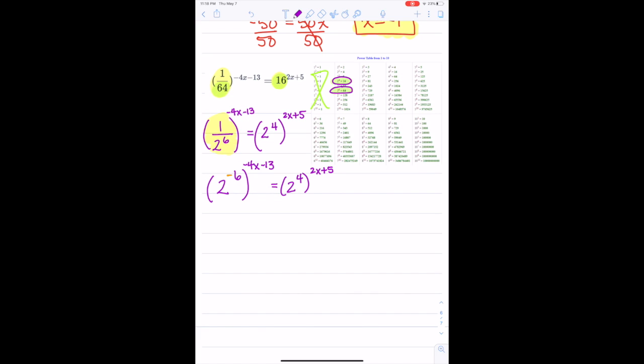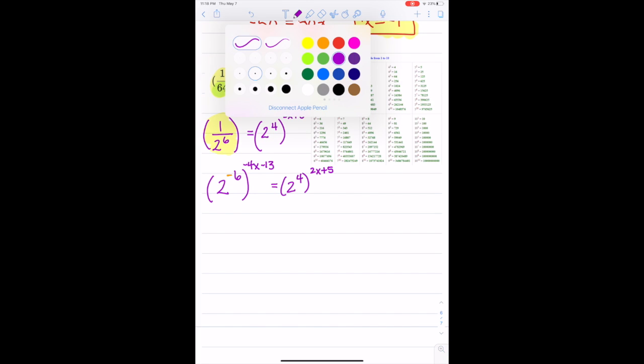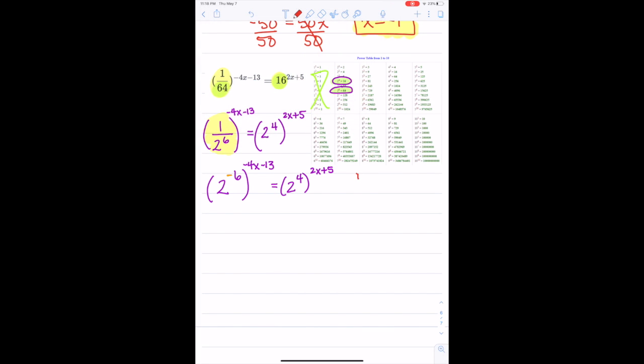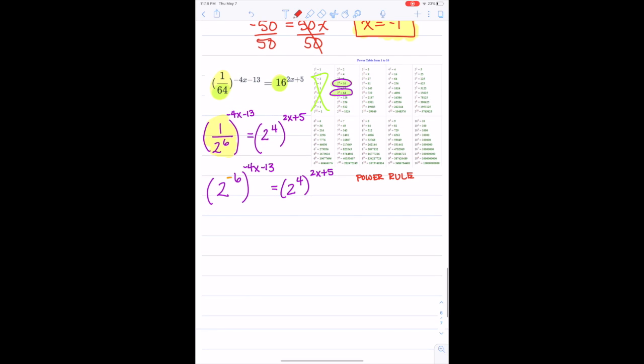Okay, and then again, I can apply the power rule. So what does the power rule say? If I have some exponent to another exponent, I'm just going to multiply those together. So that would mean these get multiplied and those get multiplied.